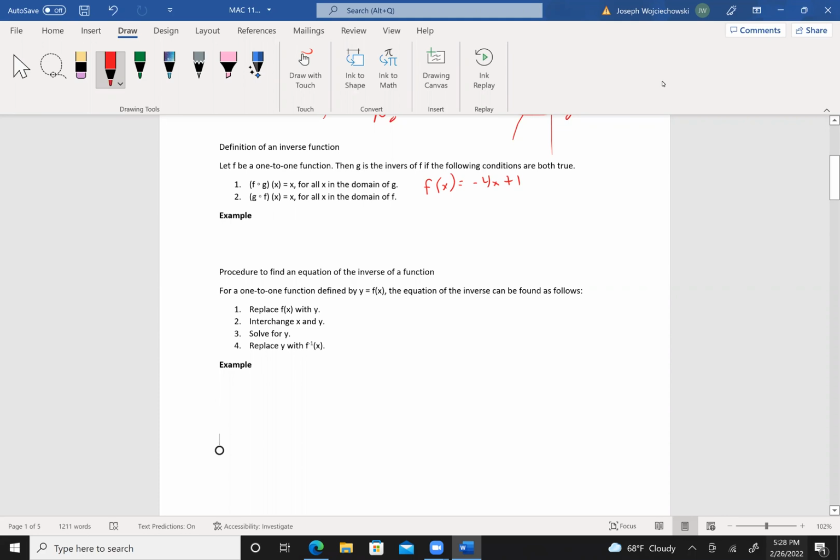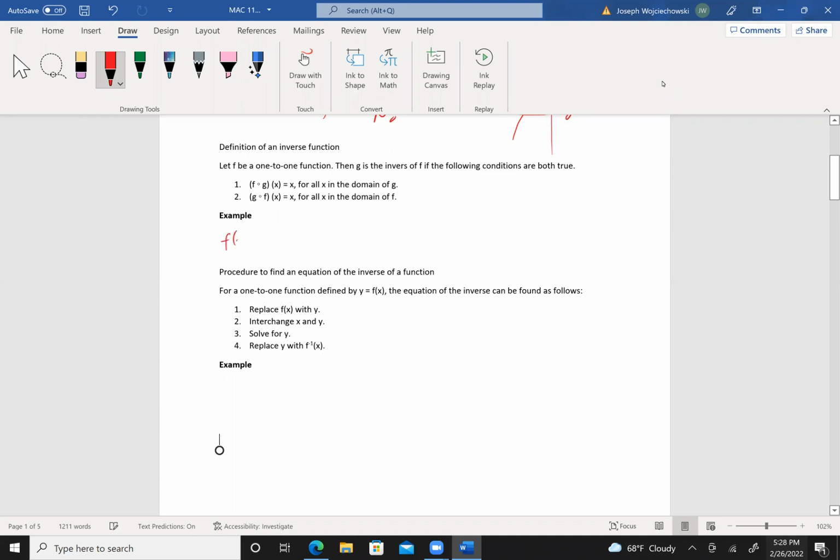I think I got ahead of myself here. Yes, it's already given us inverses when we haven't looked at it. Okay, so we're going to test to see if these two functions are inverses of each other.